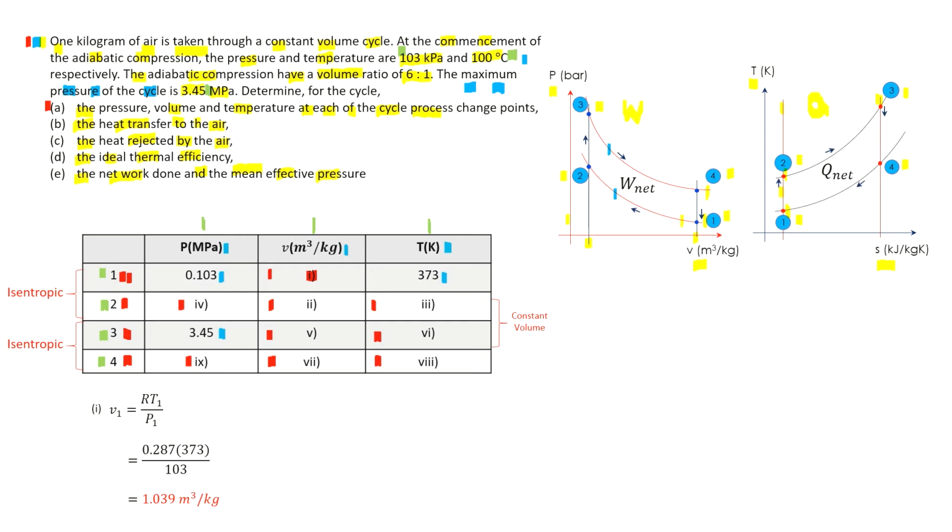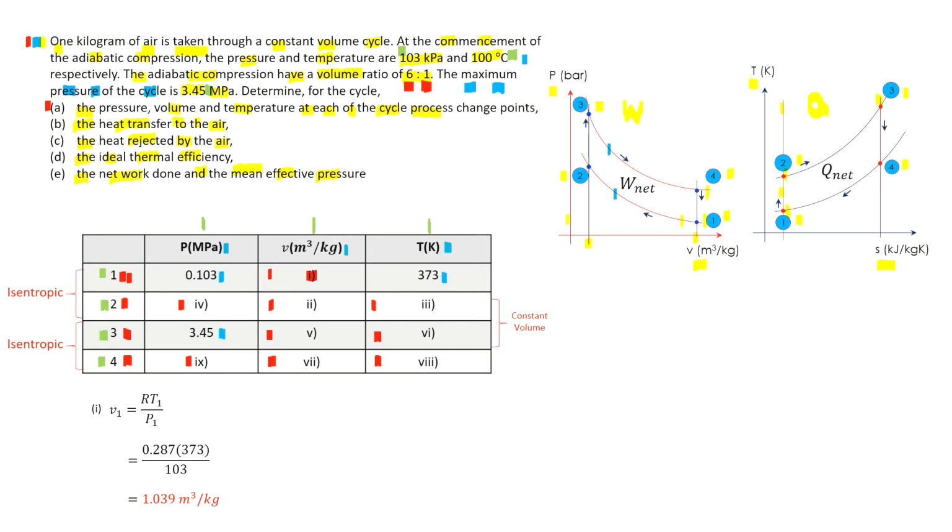Okay, so based on this, we know that we have to find the volume V1 first, because in the question they have also given us the adiabatic compression ratio is 6:1.